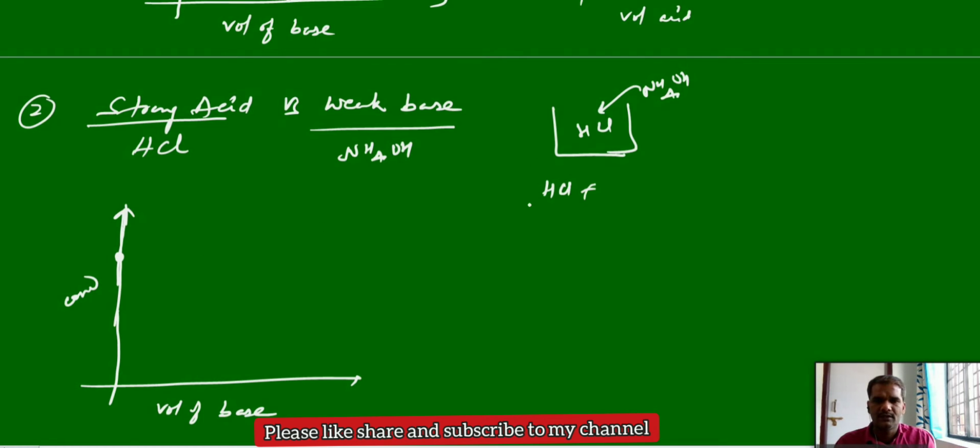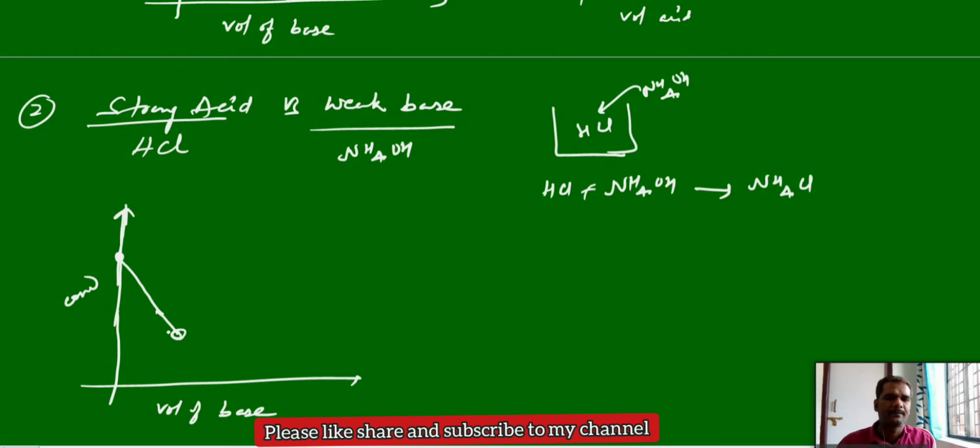To this we are adding ammonium hydroxide, which reacts with HCl and forms ammonium chloride. Then the conductance value decreases, because the H plus ions are replaced by ammonium ions, until we reach the end point.